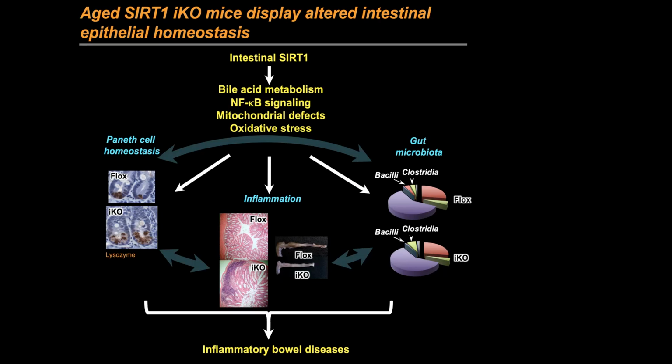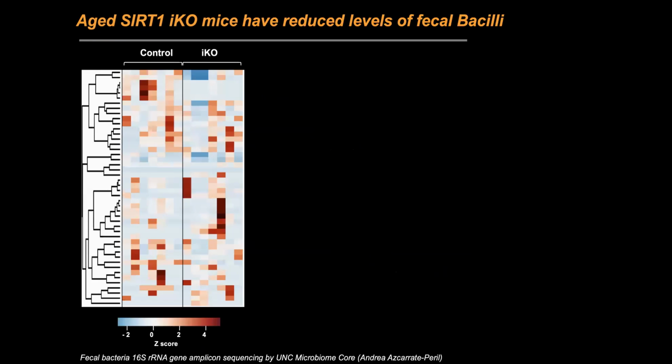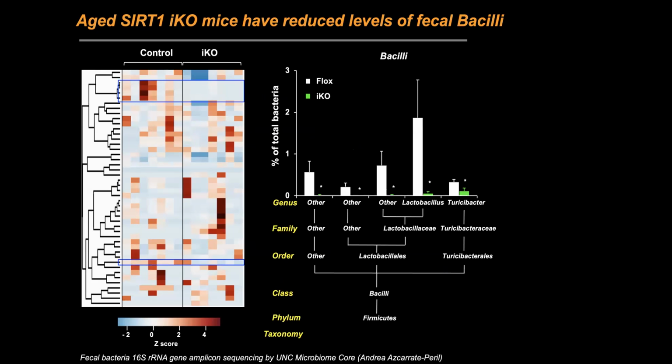Another thing we noticed is that in the aged SIRT1 knockout mice, they are depleted of a special class of gram-positive bacteria, Bacilli. From this fecal bacteria 16S rRNA gene sequencing result, which was done by Andreas Kohl, we found that aged SIRT1 knockout mice have reduced abundance of 5 genera of bacteria in their feces.